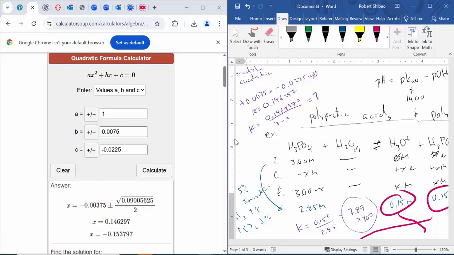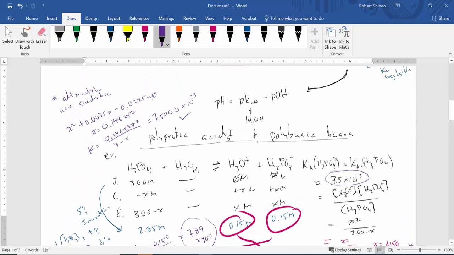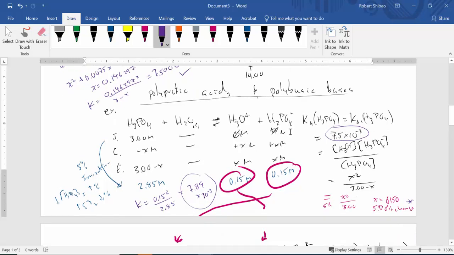This is 7.5000 times 10 to the minus 3. So you can see that when we use the simplifying assumption at the limit, our answer is going to be in error. And that's going to lead to a K value that's off. 7.9 versus 7.5 is a significant error.